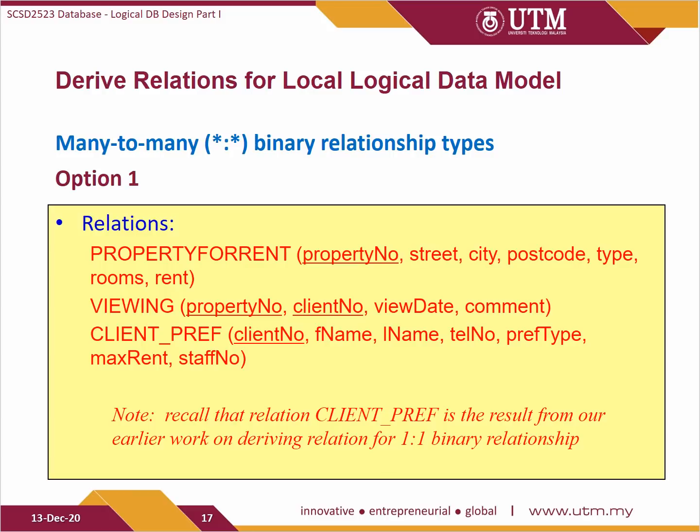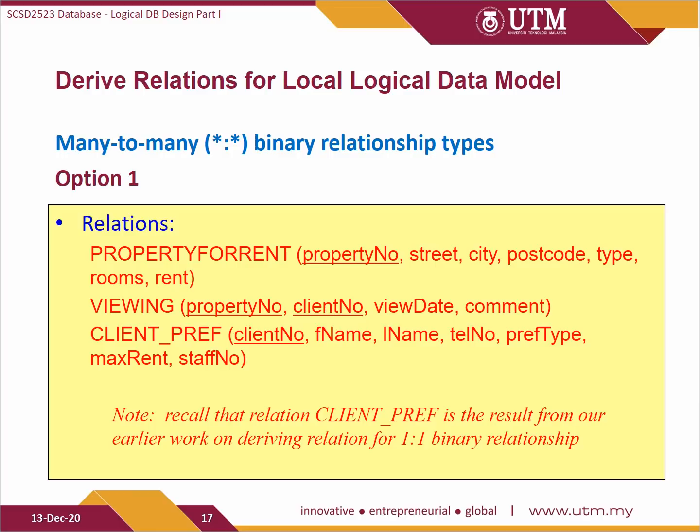Okay, this slide shows the relations that represent the transformed diagram. As shown here, there are three relations that we can produce from the transformed diagram in the previous slide, which are the property for rent relation, the viewing relation, and the client brief relation.